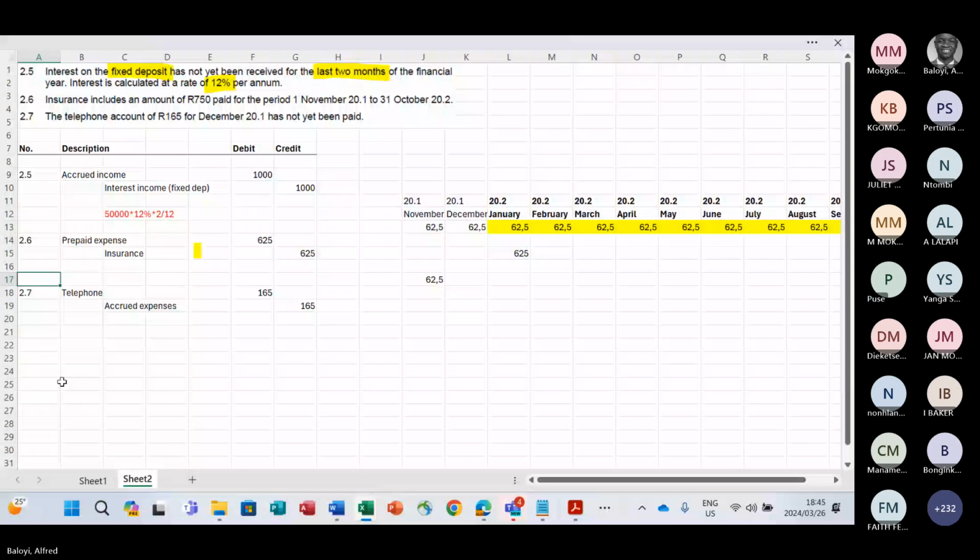Yes. All right. And just be careful, because it says the amount includes. So basically it means it's included in the expense amount. It's included in the insurance.